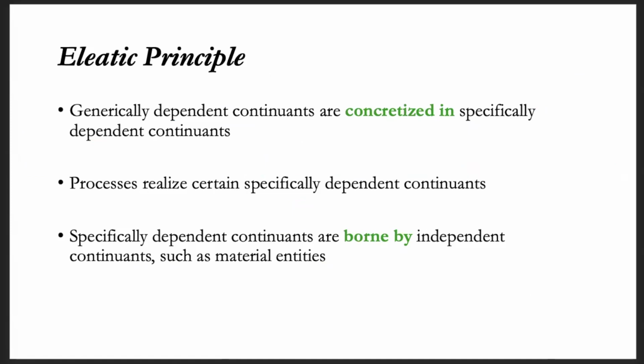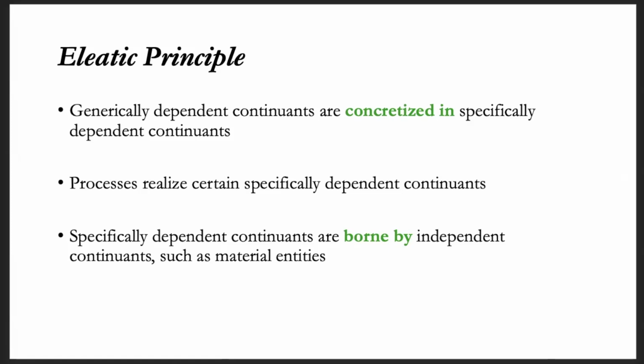So information is concretized in qualities, right? Processes realize certain qualities or specifically dependent continuants, or certain realizable entities, which are specifically dependent continuants. And specifically dependent continuants are borne by independent continuants in every case. There are no cases where SDCs are free floating. They're always grounded in something, almost always material entities.